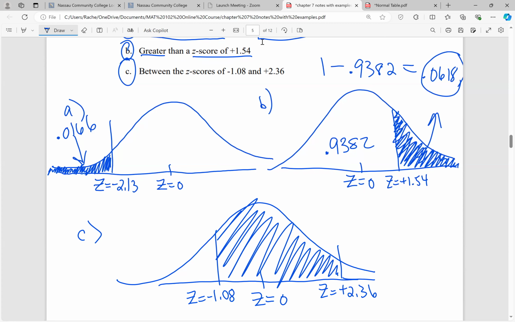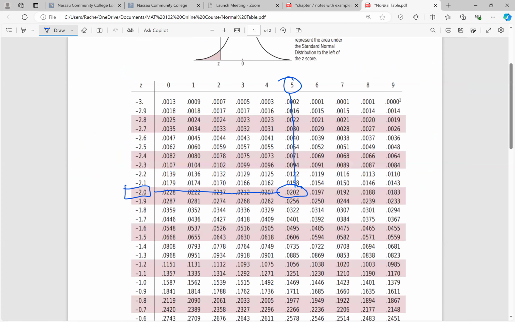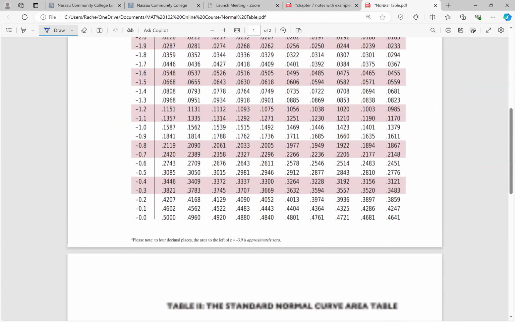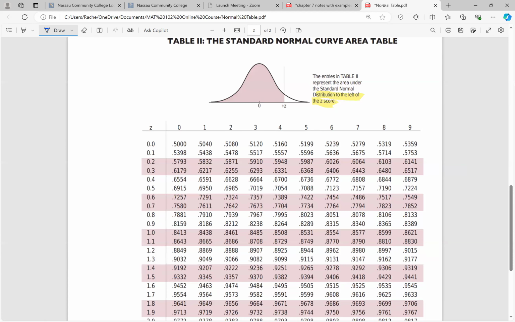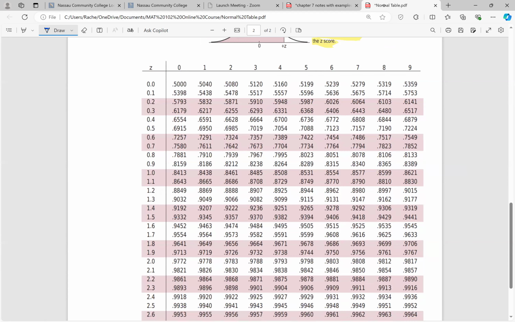So look up the larger z-score first. The larger z-score is 2.36. So let's look up 2.36. So we're going to go to the positive table and we're looking up 2.3 and then 6.